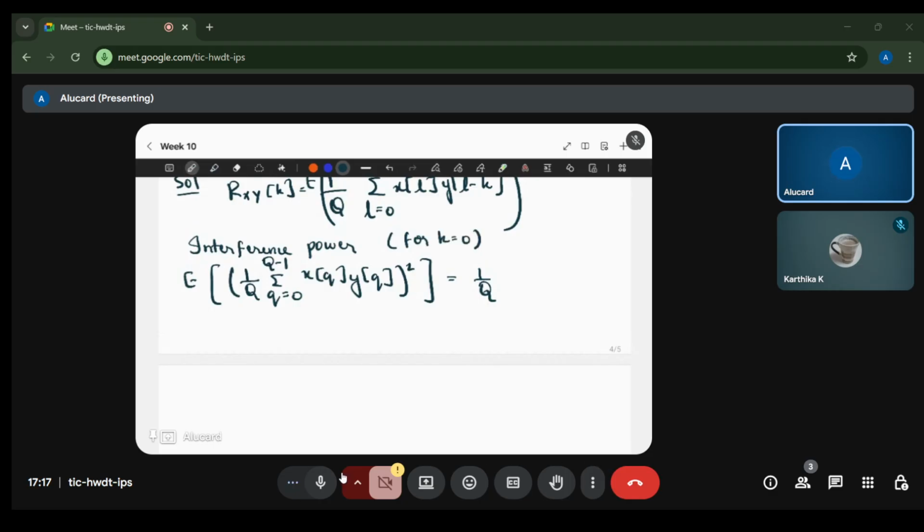Now, this was for k equal to 0, assuming this. Now they have given that there is a unit lag, that is k is equal to 1.